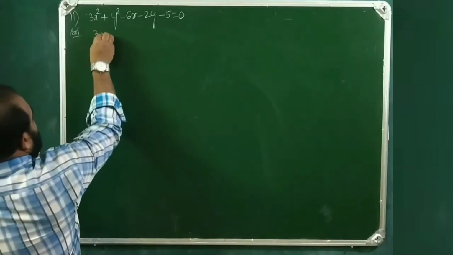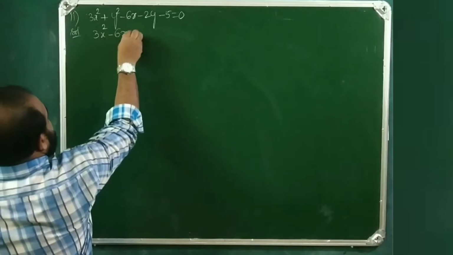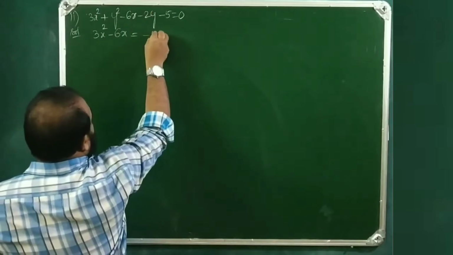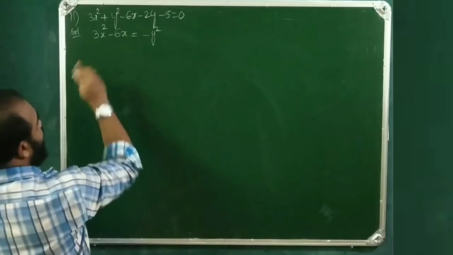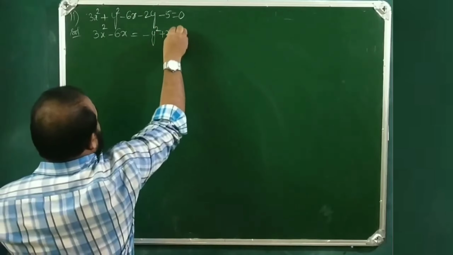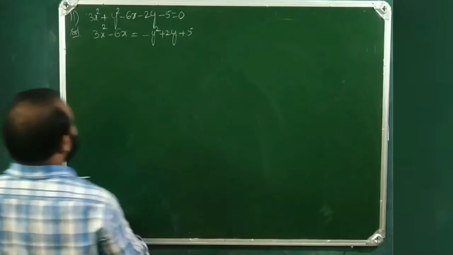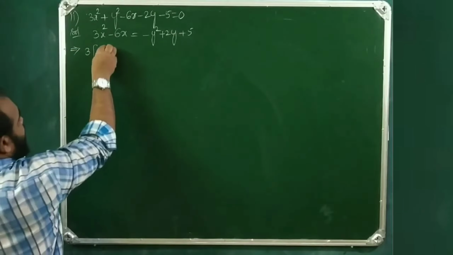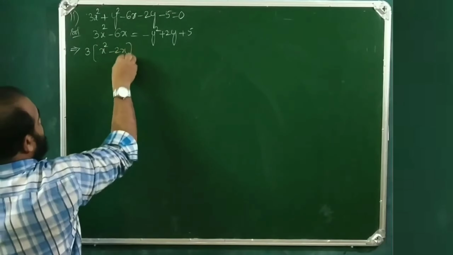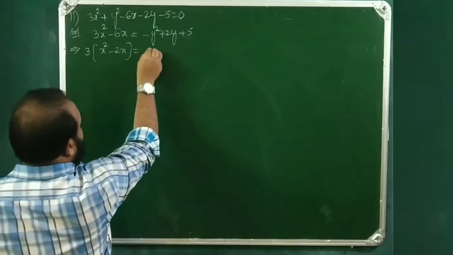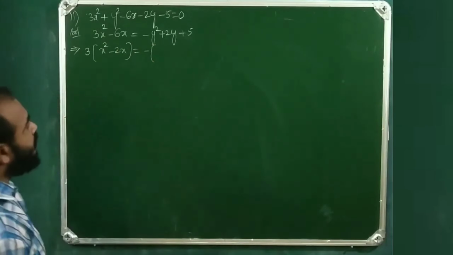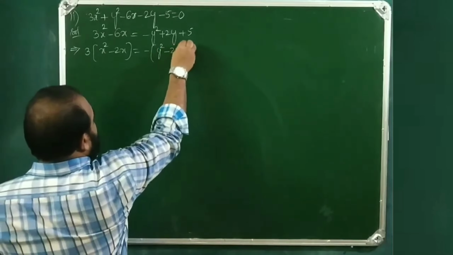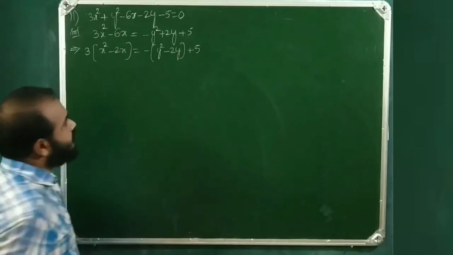So 3x square minus 6x equals, transposing y square to the other side, minus y square plus 2y plus 5. Take 3 in common: x square minus 2x is equal to minus of y square minus 2y plus 5.